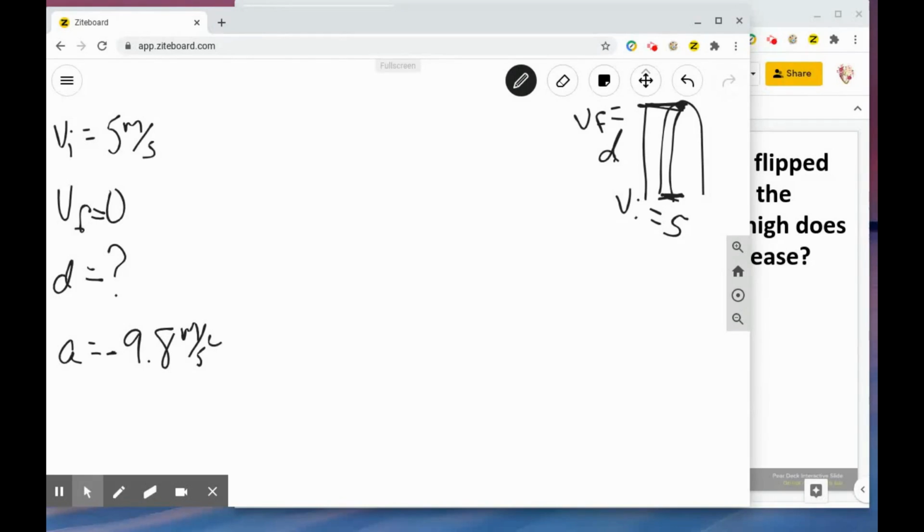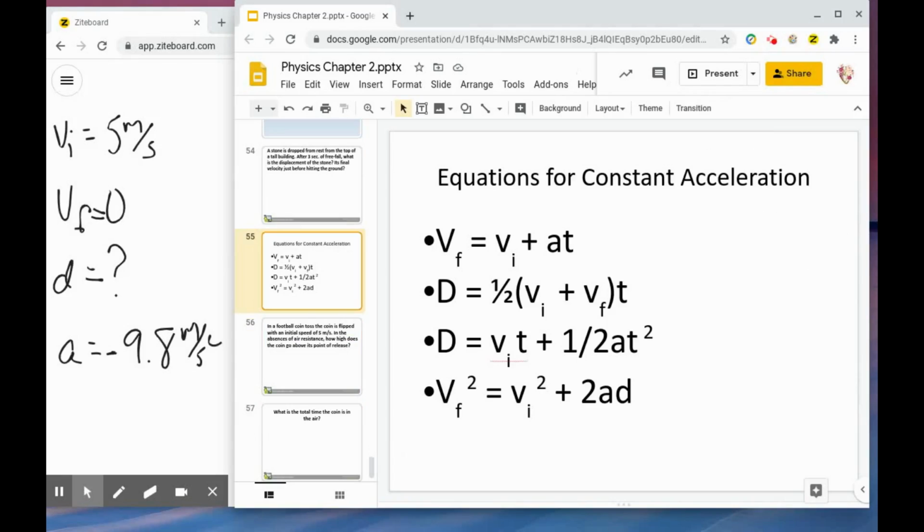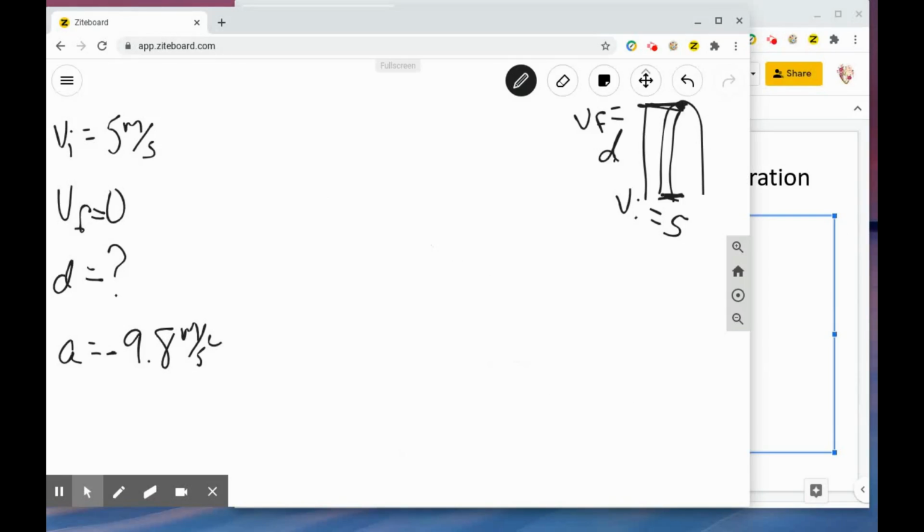So looking at our equations, we don't have T. So again, we're going to use that last one. So VF squared equals VI squared plus 2AD. VF this time is 0.